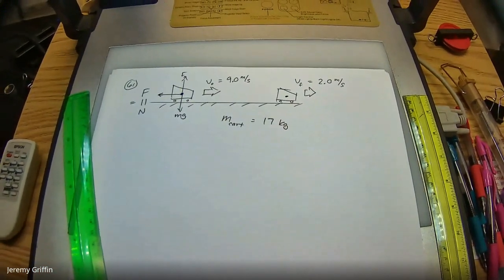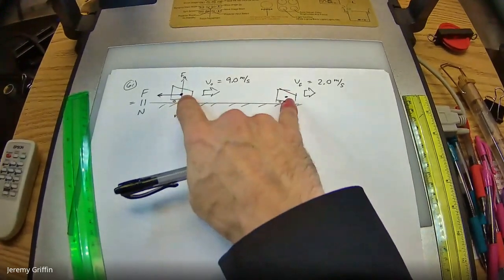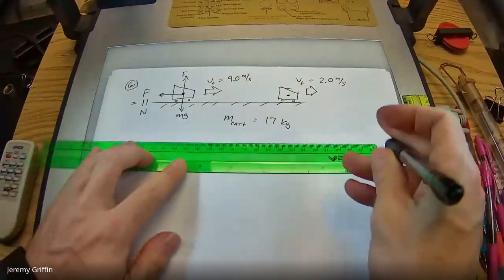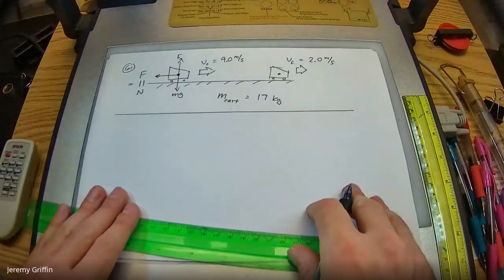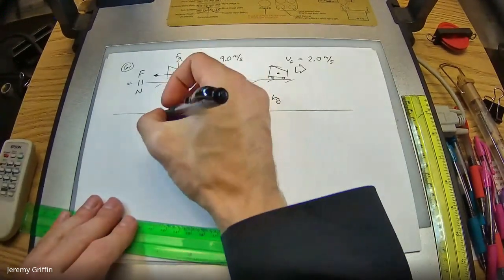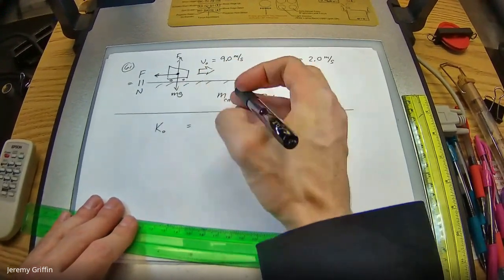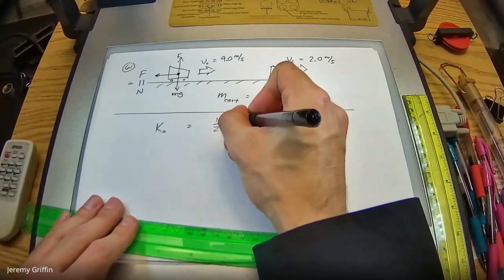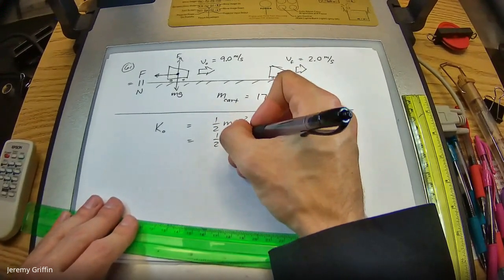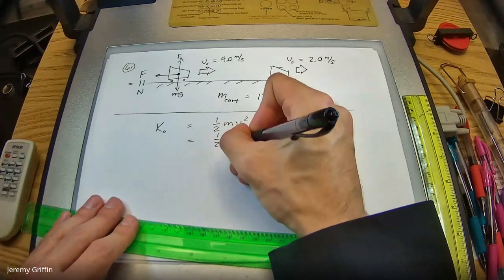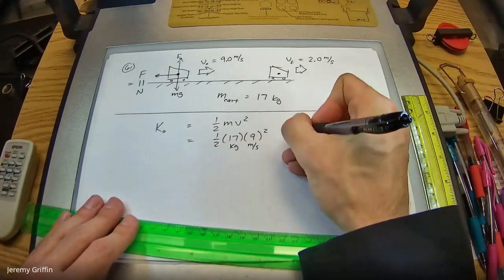Okay. All right, now, first question, what is the change in kinetic energy of the cart going from here to here? Since this is the energy conservation chapter, try to stick to the energy conservation approach. So kinetic energy initial is equal to whatever the original 1/2 mv squared is. That would be 1/2 times the mass of the cart, 17 kilograms, times the initial speed of the cart, 9 meters per second, being squared.